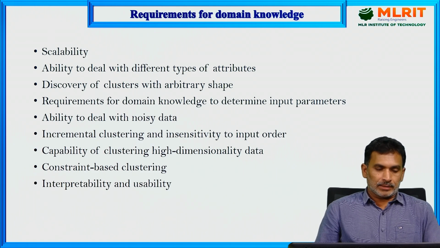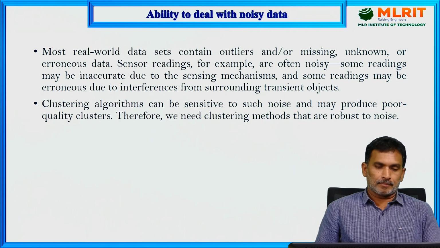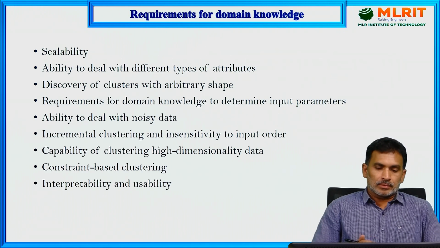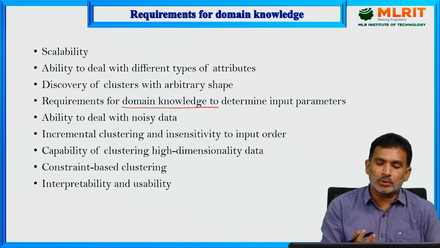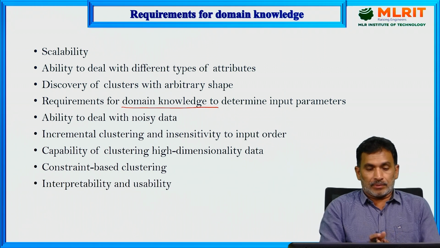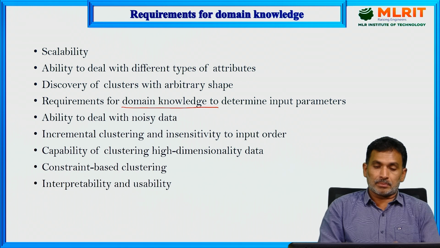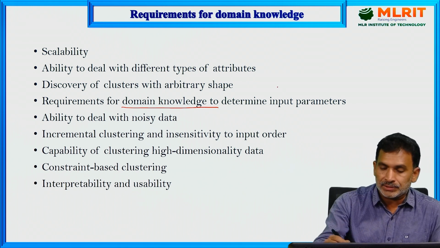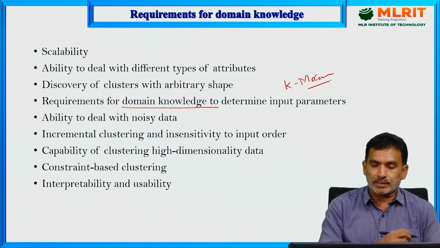Next is the requirement for domain knowledge to determine the input parameters. As we will discuss, k nearest neighbor, sorry, that is a classification approach, and k-means and k-medoids are the clustering algorithms.